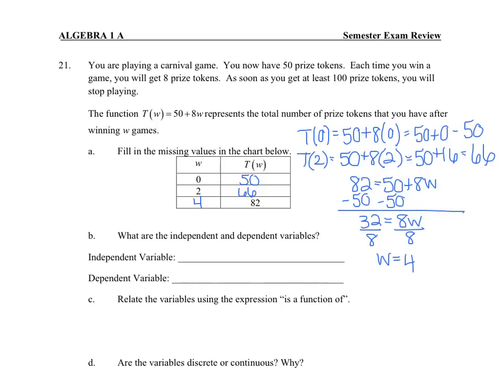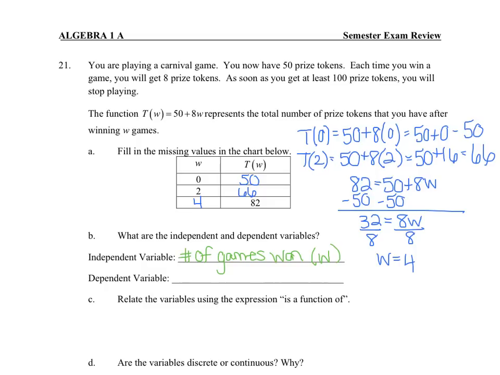Our next question is, what are the independent and dependent variables? Well, the independent variable is our x, it's our w, and w stands for how many games you won. So our independent variable is going to be number of games won, which is w.